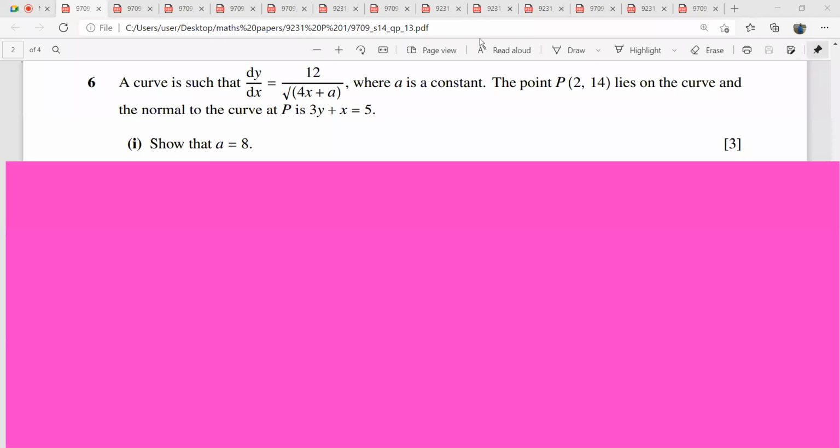So, guys, we have dy by dx, which is given as 12 over under root 4x plus a. And there is a point P, which is 2, 14, lies on the curve, and the normal to the curve at the point P is this. So now this is the equation of the normal, that is 3y plus x equal to 5.